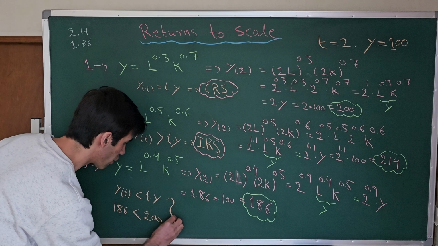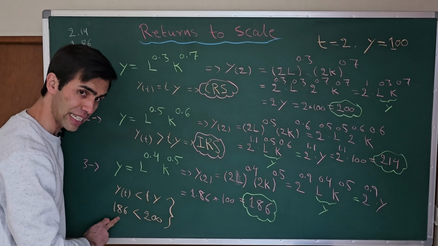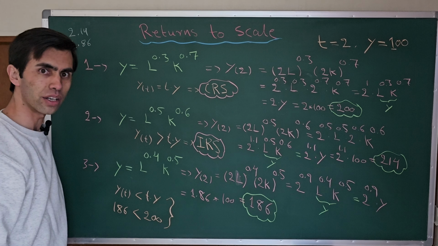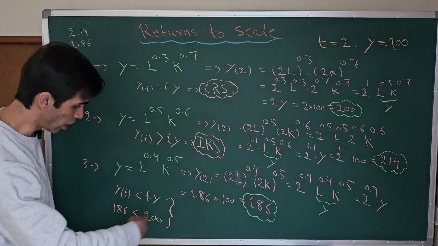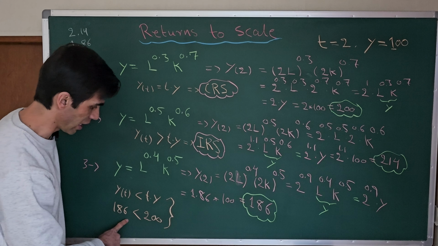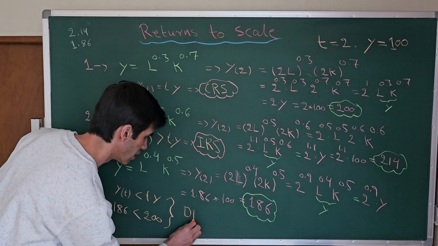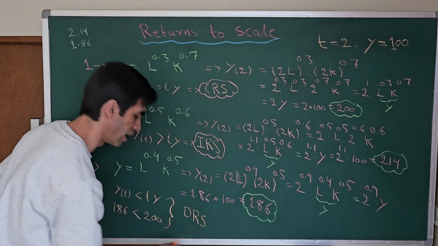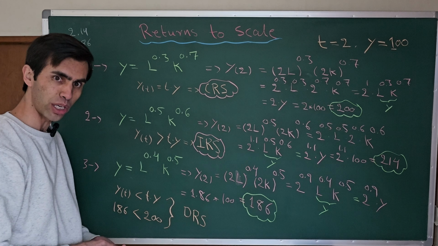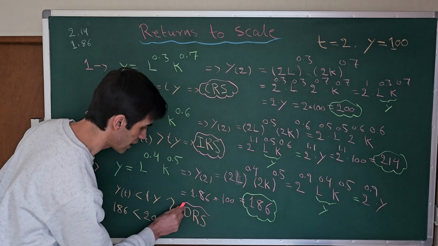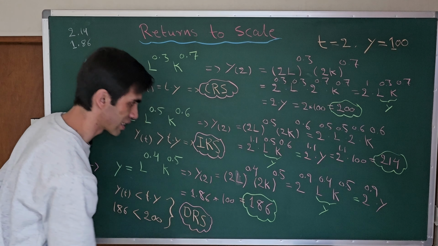So in this kind of case, where output increased but by less than the scalar, we will have decreasing return to scale. We scaled up by 2, but our output increased by 1.86. So here we will have decreasing return to scale.